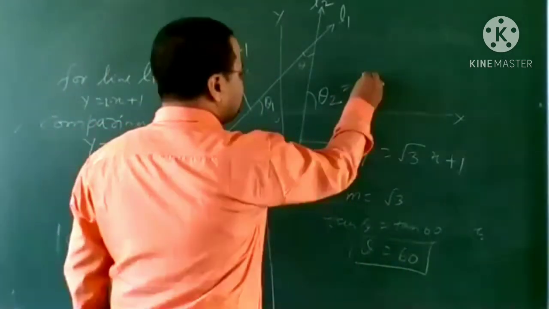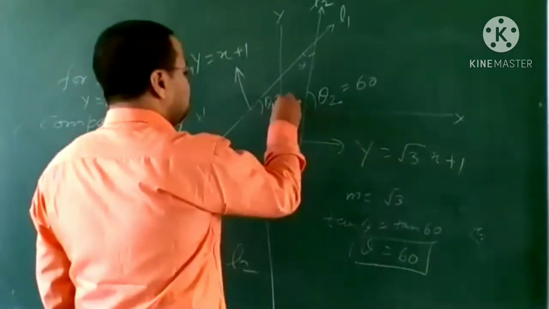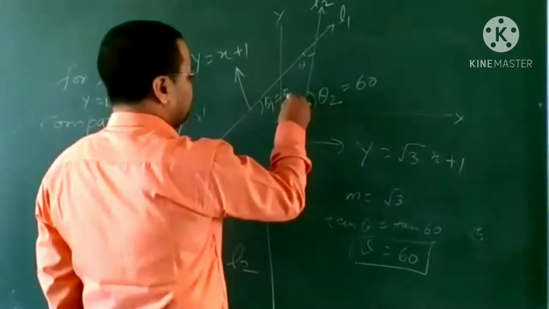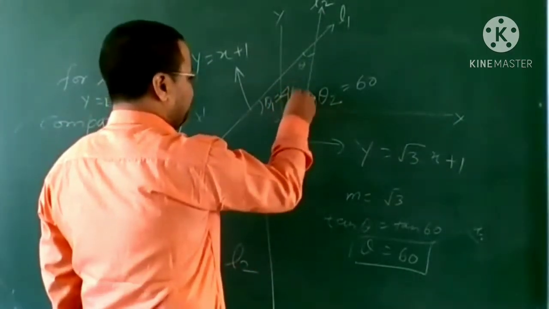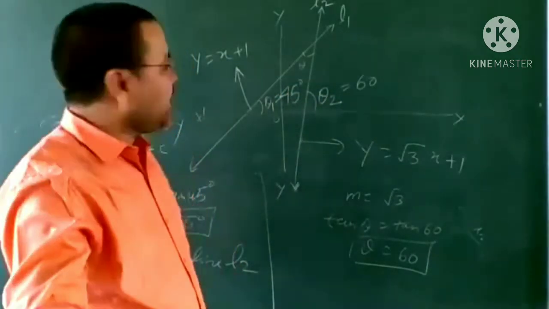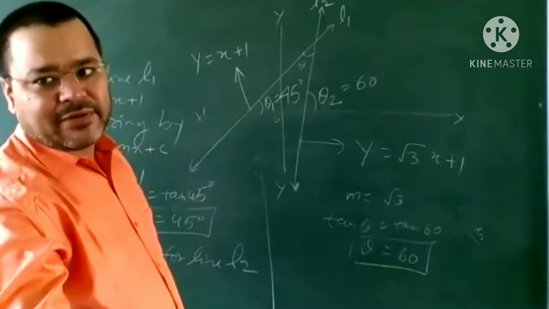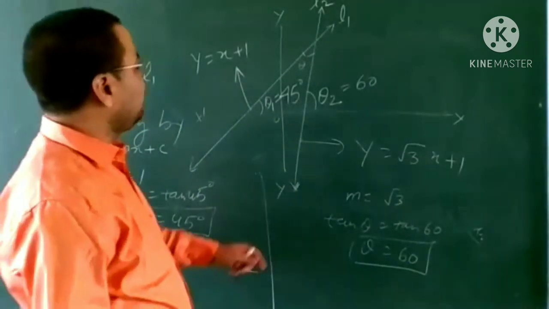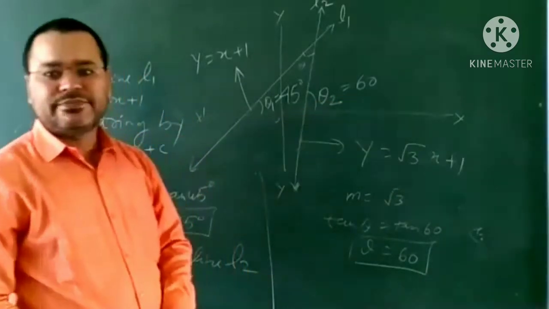It means this value is 60 degree and this value is what? That is 45 degree. It means the inclination of line L1 is 45 degree, but the inclination of line L2 is 60 degree.